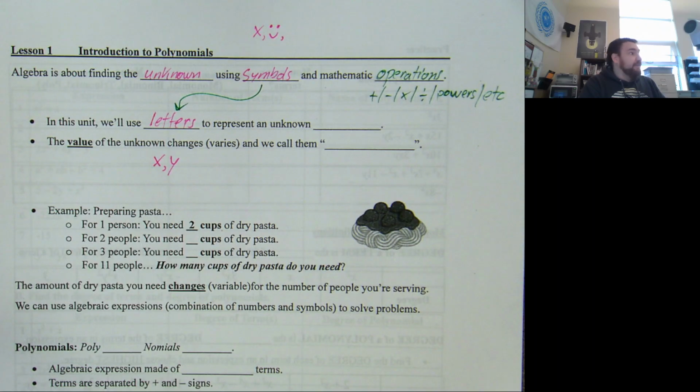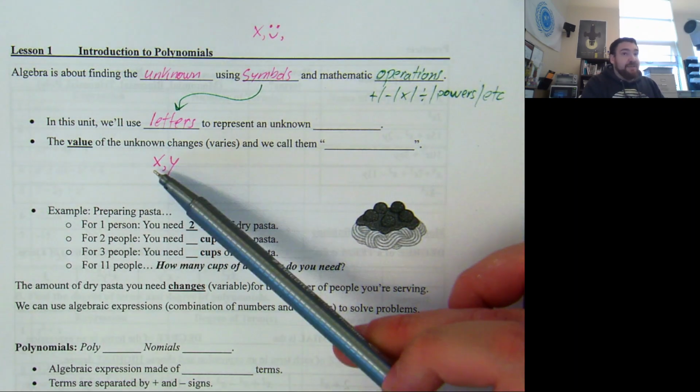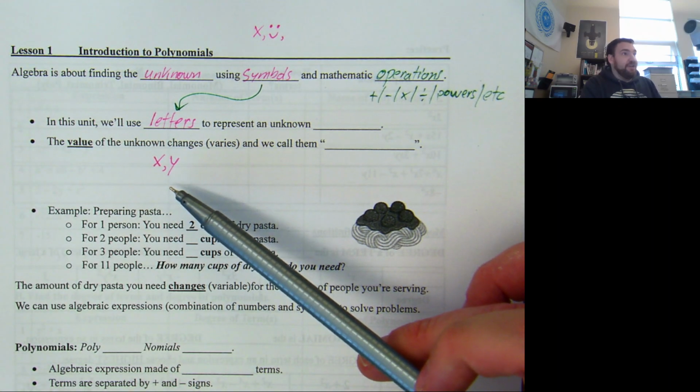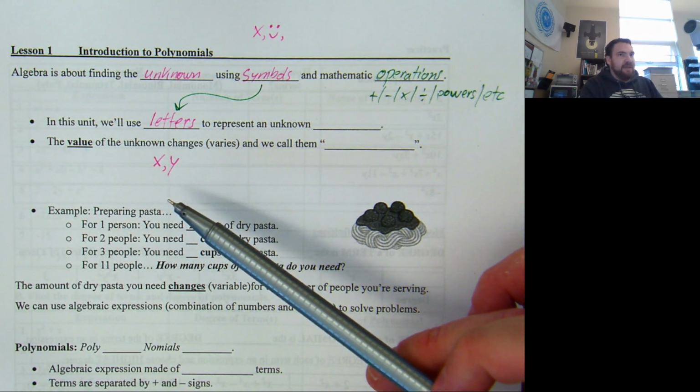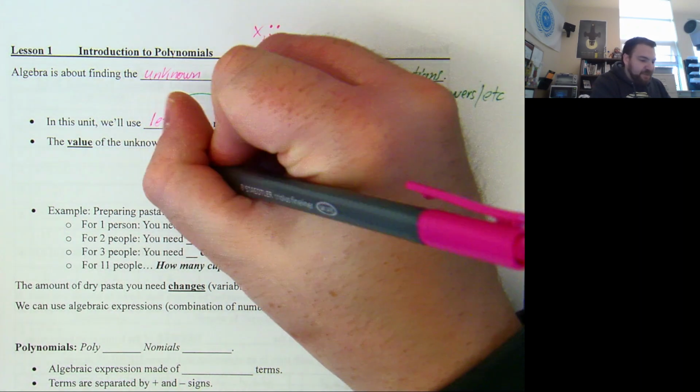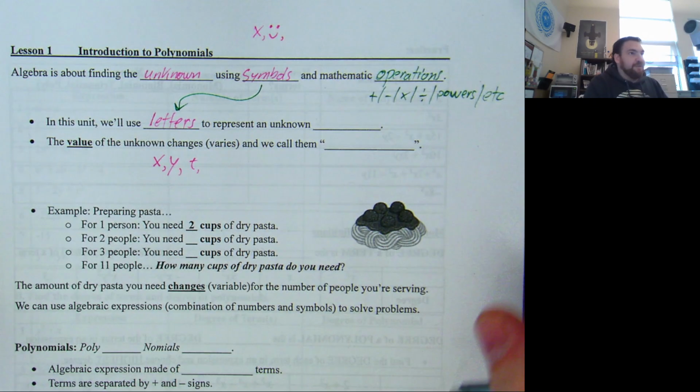Some of these variables have meaning. That's why when I say I've used multiple alphabets, as you guys start to advance further, these things have meaning. The reason we use X and Y is because they form the basis of the Cartesian coordinate plane, which we're going to talk about. That XY grid, which we're going to work with. Sometimes we use T, because T is the first letter in time.